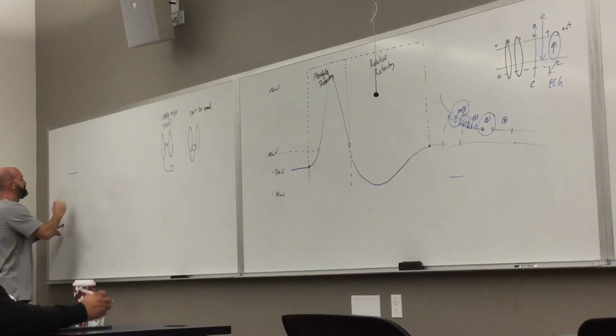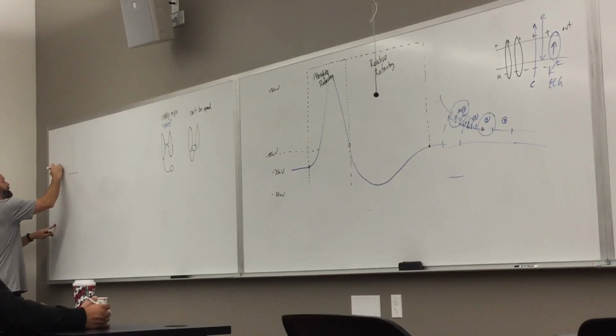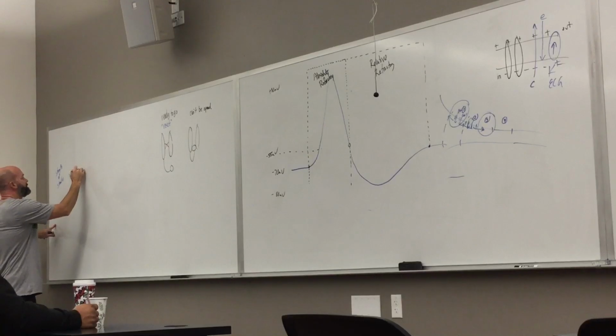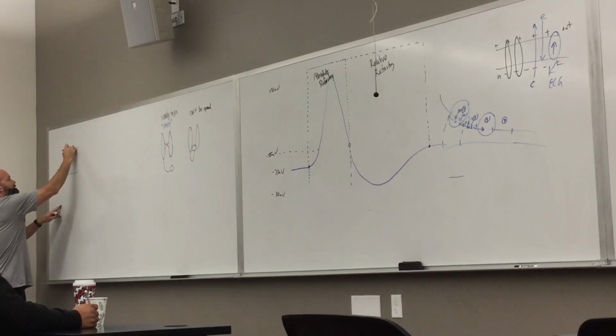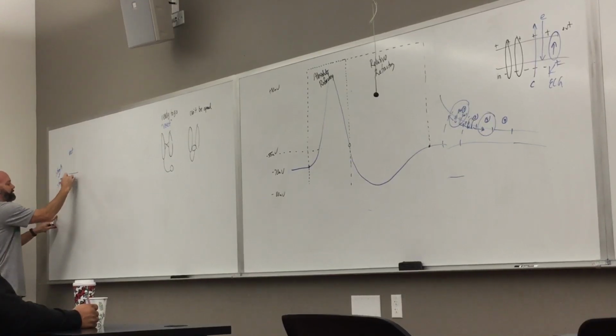So on that graph, we have strength of stimulus. During rest, it's just a regular threshold stimulus, like a 15 millivolt threshold stimulus to go from -70 to -55.